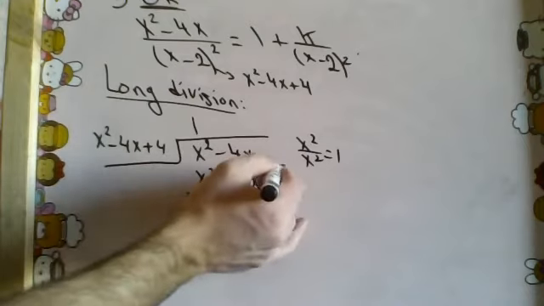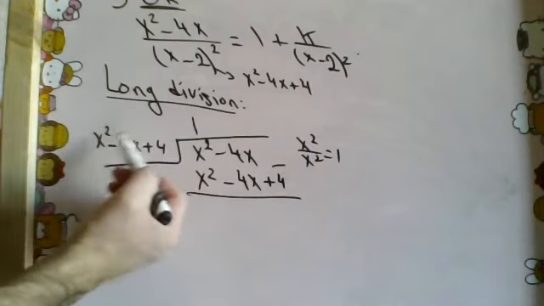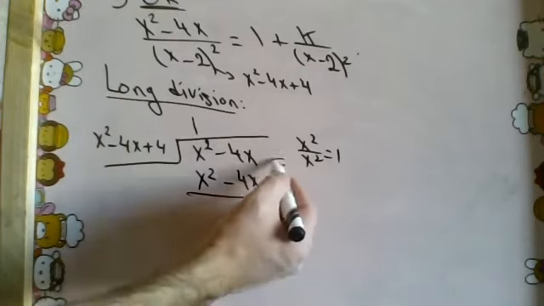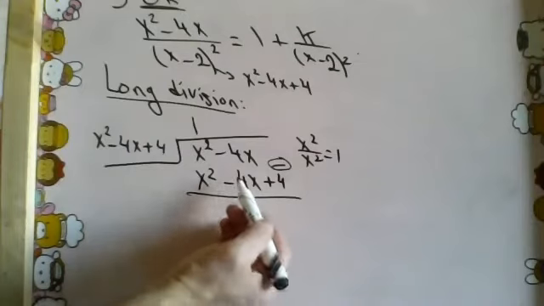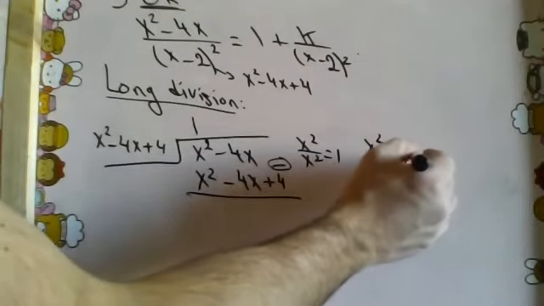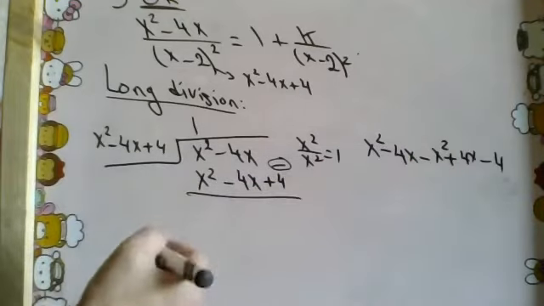Now you subtract. Step number 1, you divide. Step number 2, you multiply 1 by everything. Step number 3, you subtract. Be careful: when you subtract, you have to change the signs of the second one. So x squared minus 4x minus x squared plus 4x minus 4.